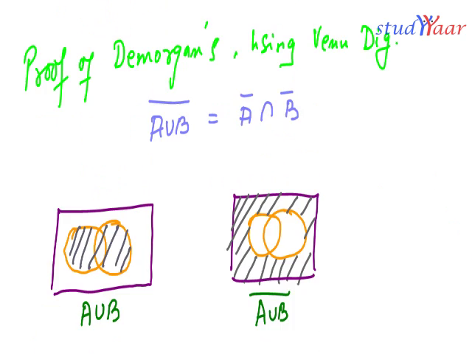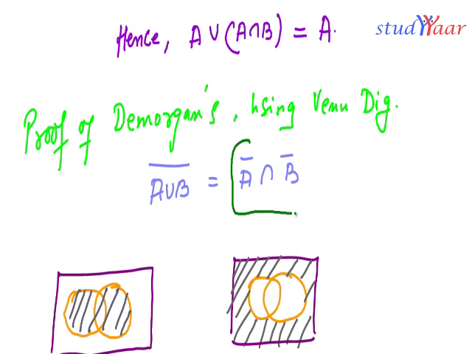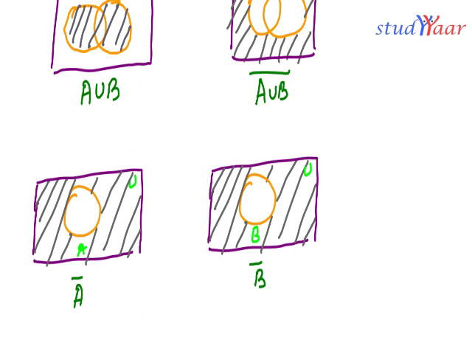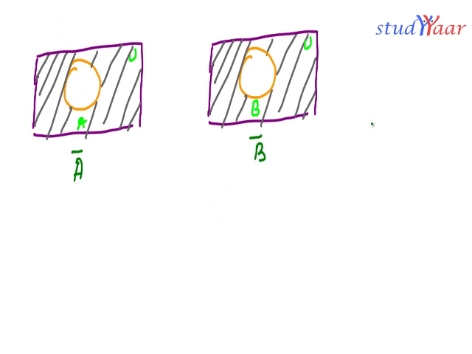You're looking at the intersection of A complement and B complement. Obviously, the intersection of A complement and B complement is the entire region which is outside of A and B. The intersection of this is going to be this.